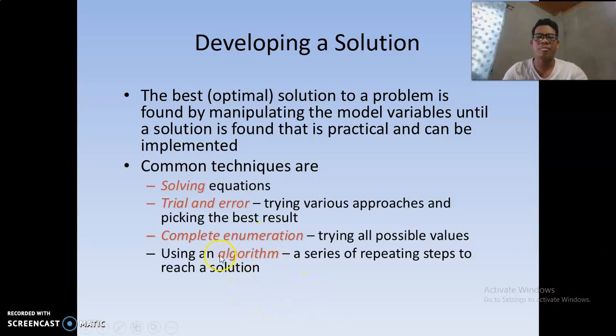Percentage of error. Then there is complete enumeration, using an algorithm, which is a series of repeating steps to reach a solution. A good example of this is the transportation problem.